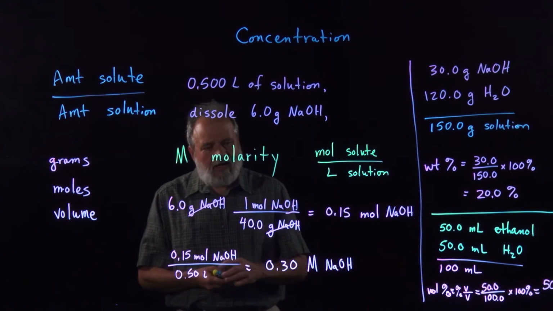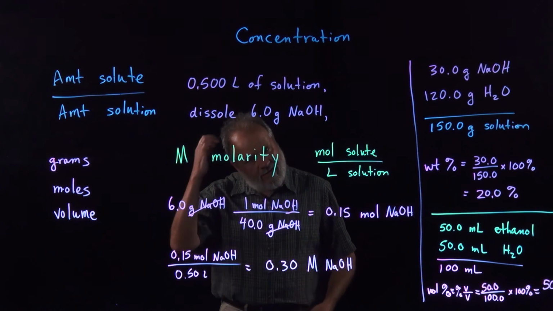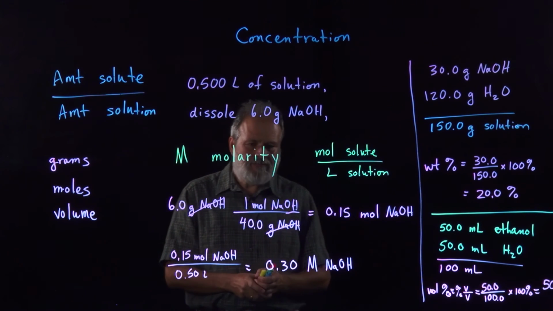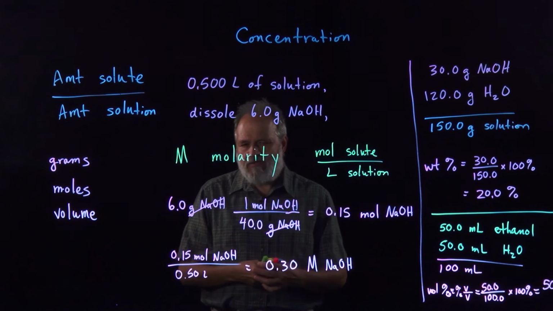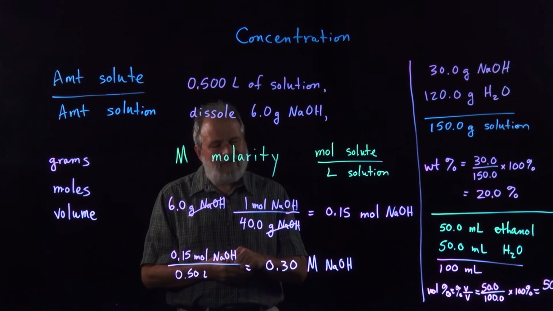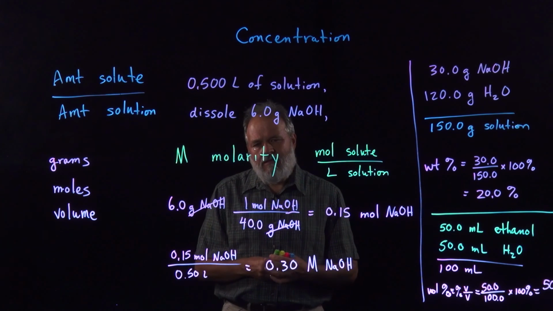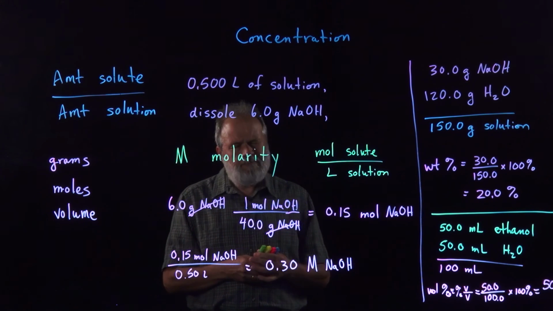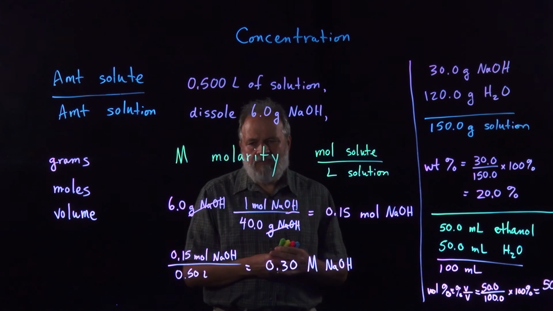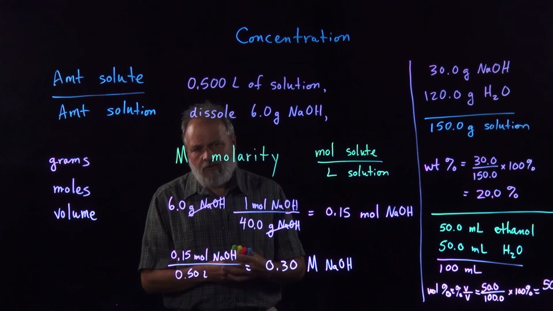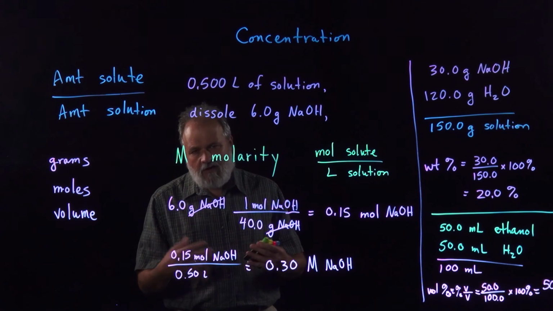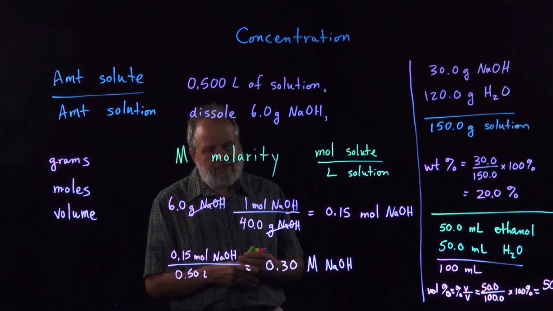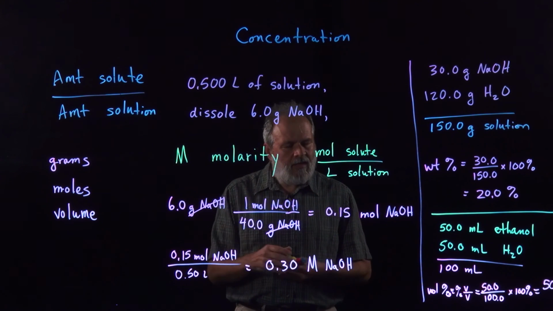Okay, so one of the interesting little quirks about this is that when you calculate percent alcohol, if you do it by volume percent, then you get a much larger number than if you do it by weight percent, because alcohol weighs less than water on a volume basis.